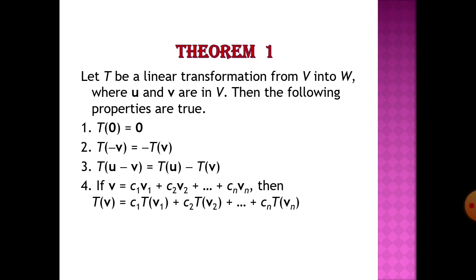The third property is T of u minus v is equal to T of u minus T of v. And the fourth property is, if v is equal to c1 v1 plus c2 v2 plus etc plus cn vn, then T of v is equal to c1 T of v1 plus c2 T of v2 plus etc plus cn T of vn.